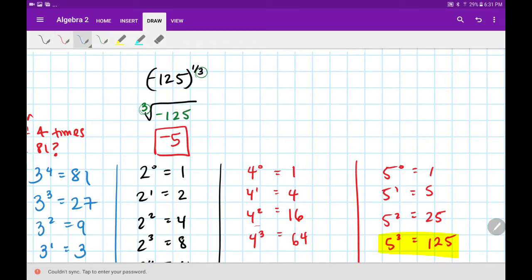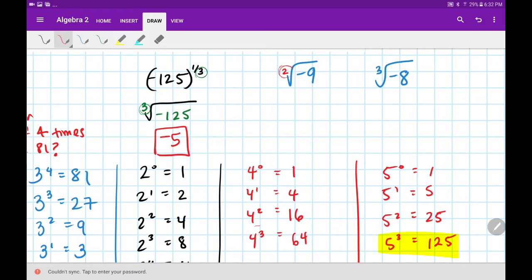Now I want to draw a quick distinction here on the right side. If I had, let's say, the square root of negative 9, or the cubed root of negative 8, let's talk about these two problems. If it's invisible, the number that goes here is 2, remember?